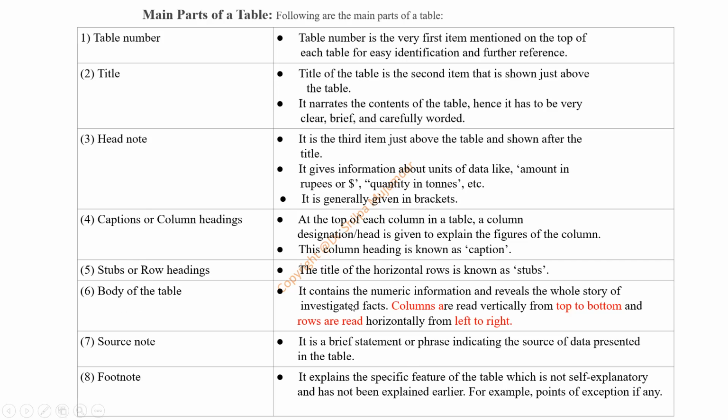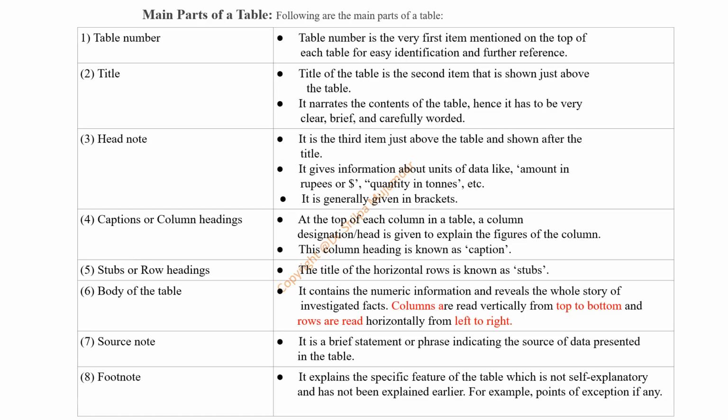Then the body of the table. It contains the numerical information and reveals the whole story of the investigated facts. Whatever you are presenting in a table is the information from the research you did, and your data.